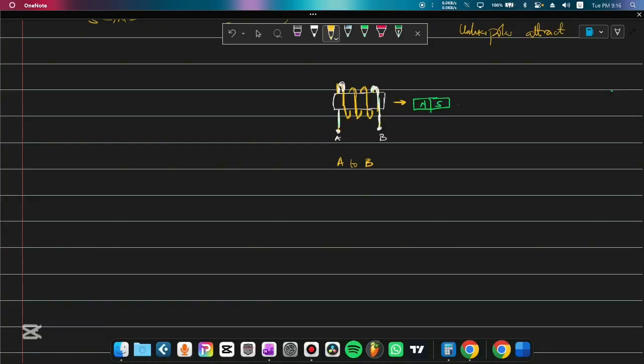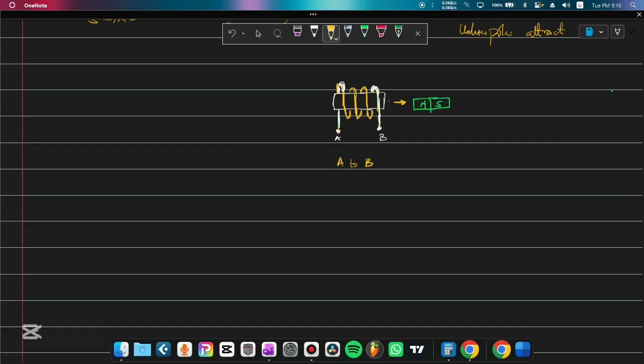Now because the magnetic field is moving out of the coil, the EMF induced inside the coil will generate an eddy current that wants to stop it from moving out. Therefore, the eddy current will generate a magnetic field to pull it back. And how do you pull a north back? By generating a south. So it generates a south here and a north here.